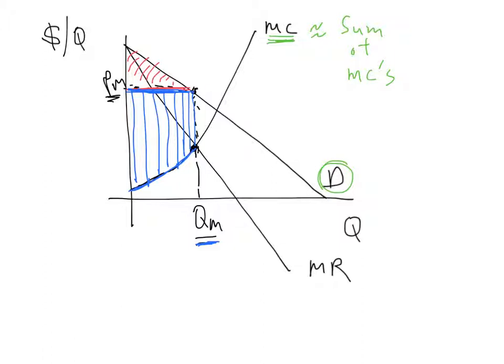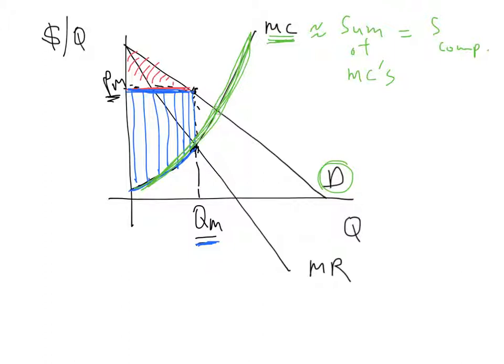Okay? If that's true, then this would be the supply under competition. Remember, the monopolist does not have a supply curve, but under competition, this would be the supply. Now, of course, it would be chopped off somewhere in the lower tail, but that would be the supply.